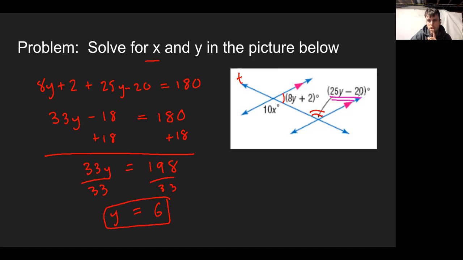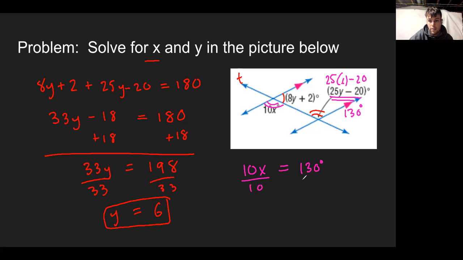I'm going to find the measurement of this one, which is 25 times 6 minus 20. That is 150 minus 20, which is 130 degrees. Yeah, 130 degrees. So now I know these angles are alternate interior, so they have to be congruent to one another. Pretty easy equation now.